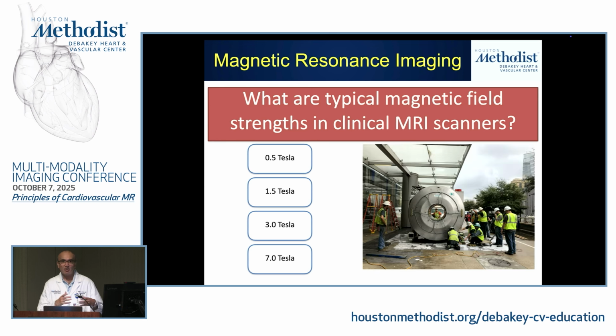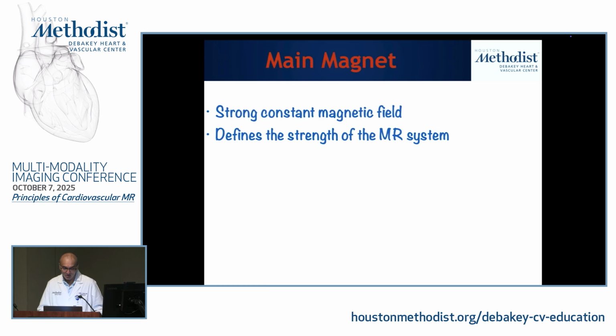Now, there are MRI systems that are even stronger. There's 9 Tesla, 11 Tesla, but those tend to be very small bore and not really for human use per se. Those are more for research applications. So we talked about the main magnetic field, and we talked about 1.5 or 3 Tesla being predominantly the field strength that we utilize.